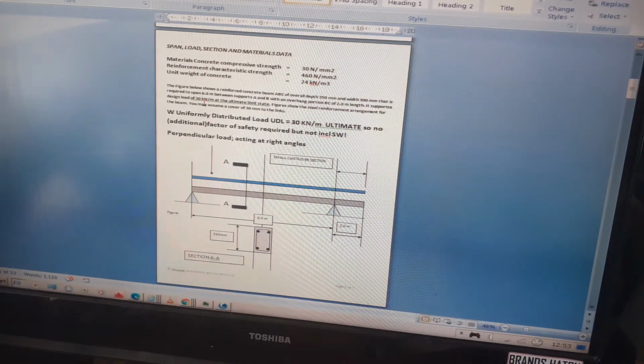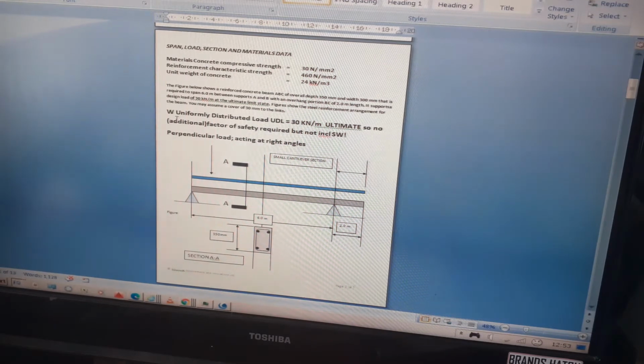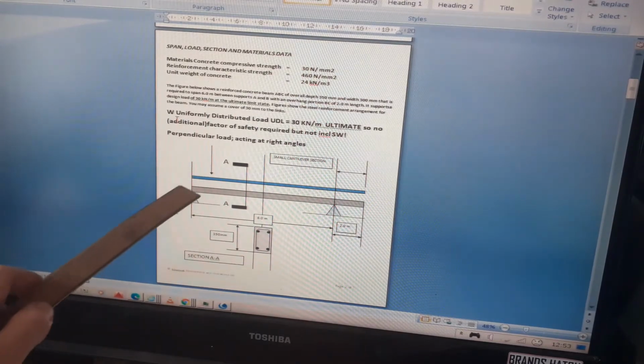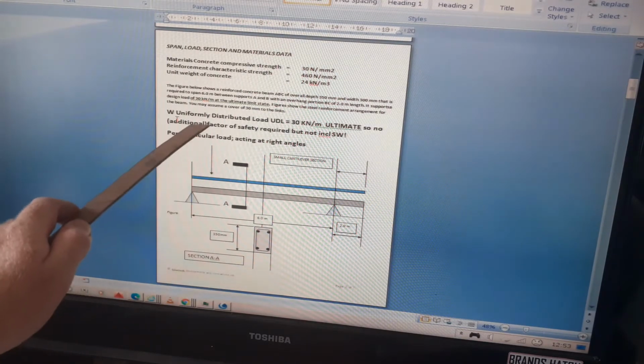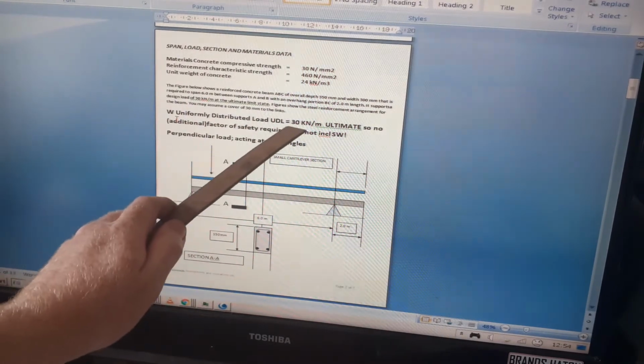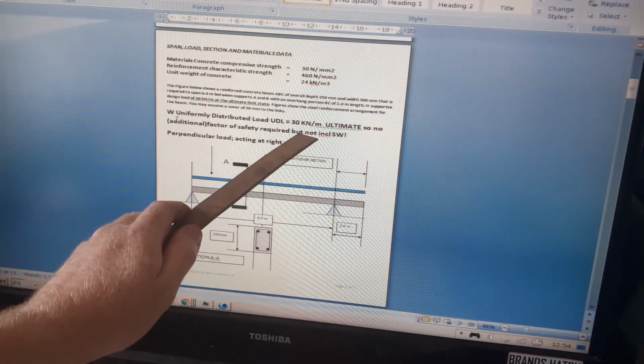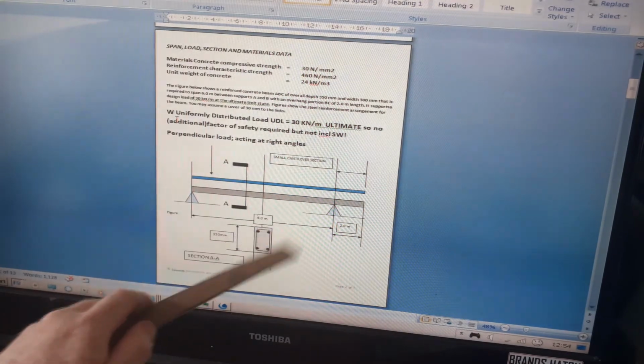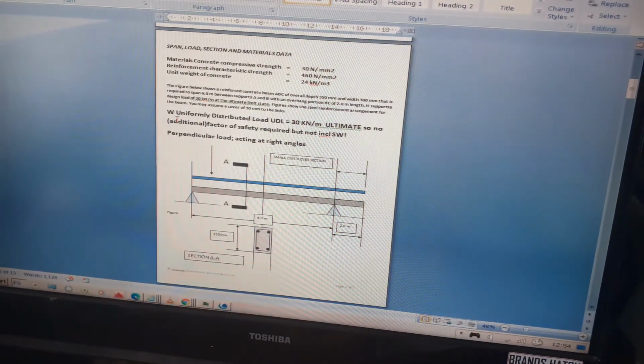It supports a design load of 30 kilonewtons per meter at the ultimate limit state. Basically that means the uniform load on the beam, shown in blue, is 30 kilonewtons per meter ultimate, so no additional factor of safety is required. But it does not say including the self weight, so I've added that on a little bit later.